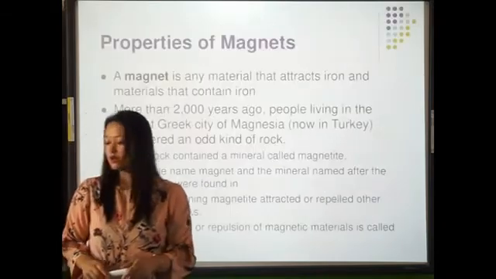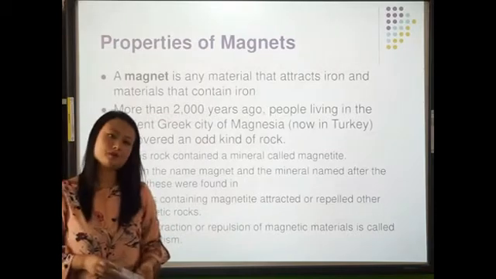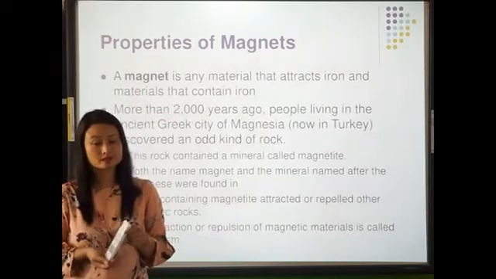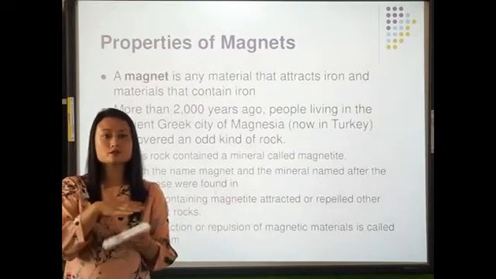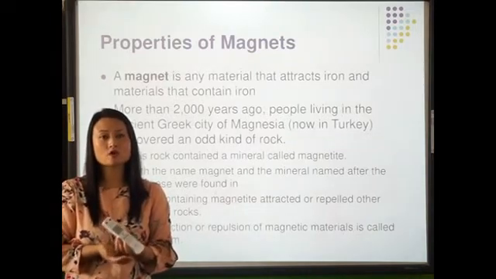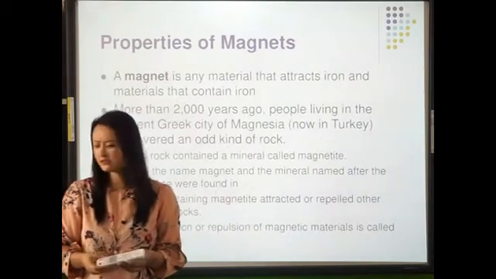Now, properties of a magnet, we discussed this already. What are the properties of magnets? The first one is the magnetic field. What is a magnetic field? The region in which the magnetic force can act or can be felt is your magnetic field.